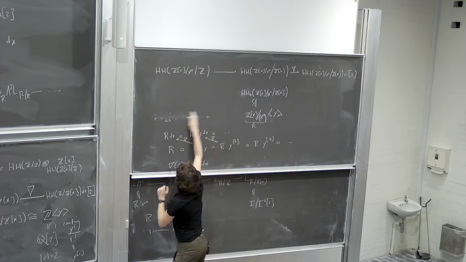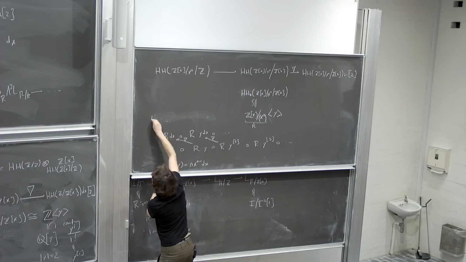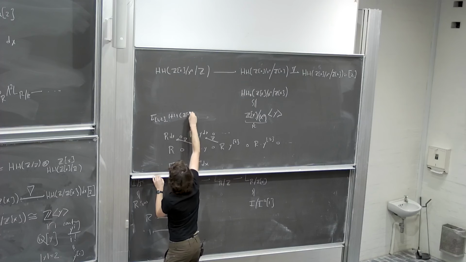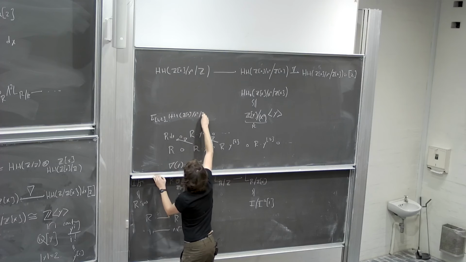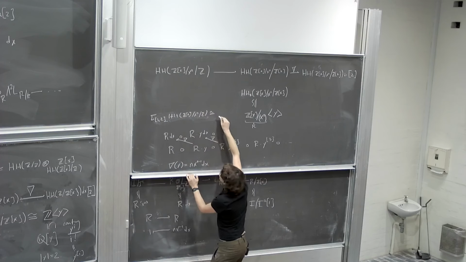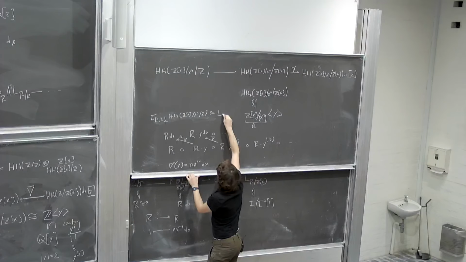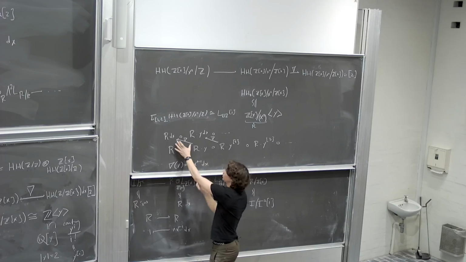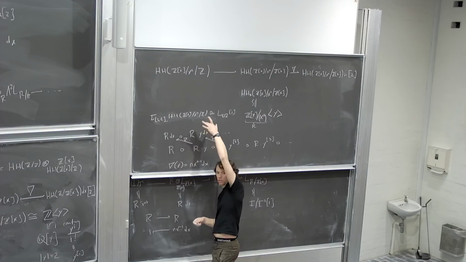Okay, let me say it a different way. Let's say that the truncation between 1 and 2 of Hochschild homology of Z[x]/(x to the n) over Z is actually just going to be the cotangent complex of R over Z shifted by 1. So somehow this just must be quasi-isomorphic as a complex to the cotangent complex.